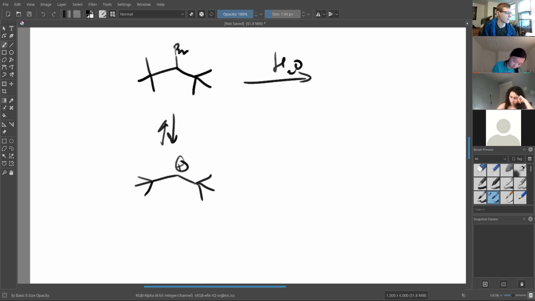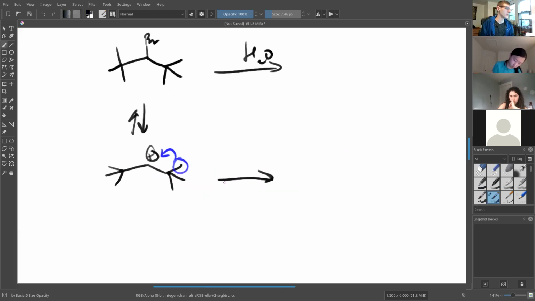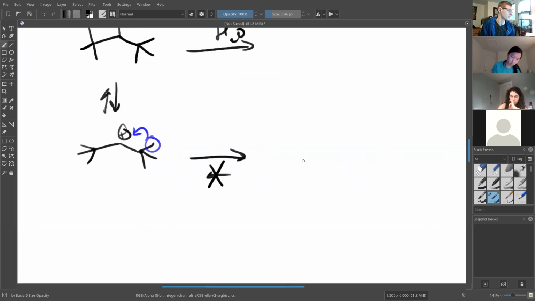And look, nothing next to it has any hydrogens. So that means the only thing we can do is move this whole carbon. Right, let me get my blue. The only thing we could do is move that entire carbon. Whoops, I need to actually draw an arrow, right? And not reversible, again, just to really drive the point home.